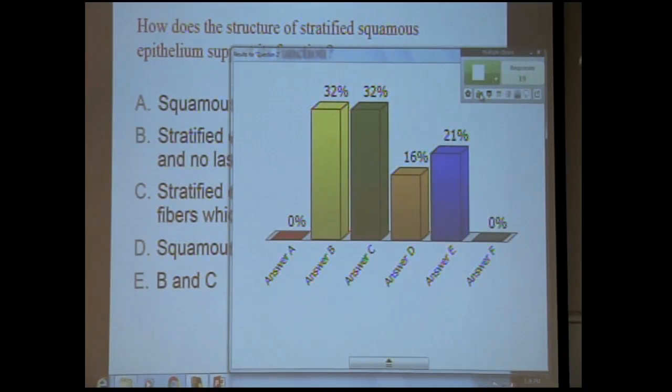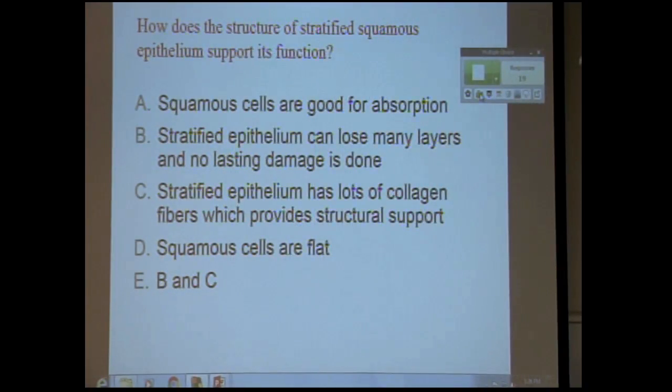All right, let's see what we got. B, C, D, E, about as even as we can get. So the answer for this one is B. And you'll see this is a recurring theme in anatomy and all sciences, that structure sort of determines your function. And so every chapter I'll have at least a couple of these sort of questions.